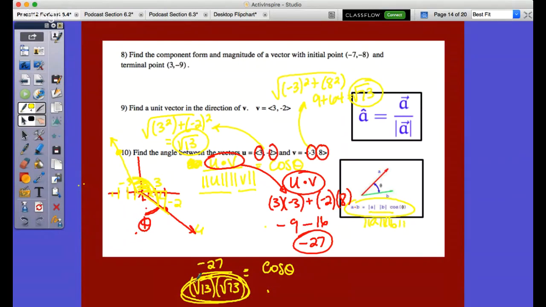So if I plug this in, I'll take out my good old calculator. The square root of 13 times the square root of 73 would be 30.8058. And then I would take -27 divided by that. You could even do it by just using your answer. So -27 divided by 30.8058.